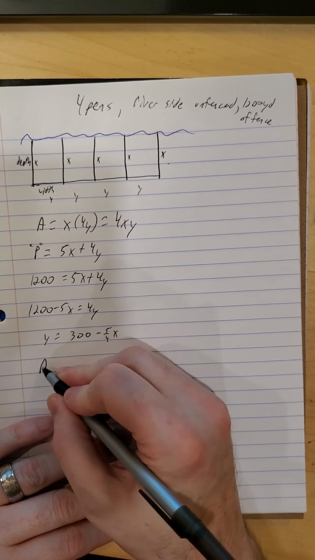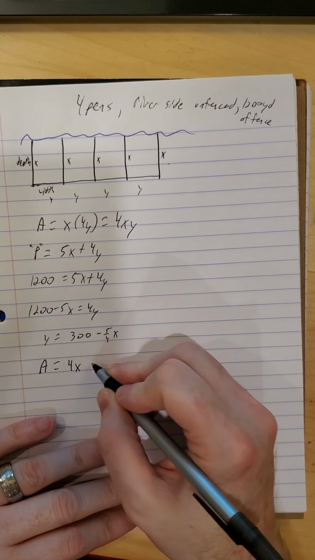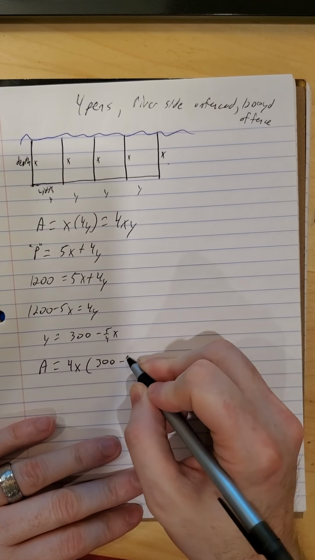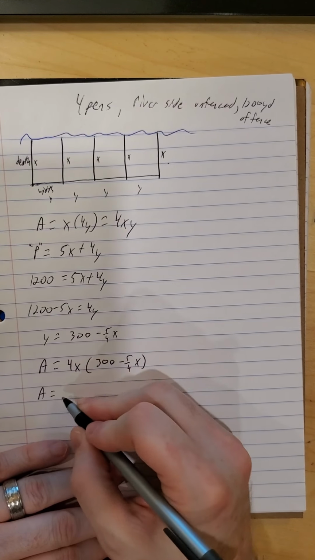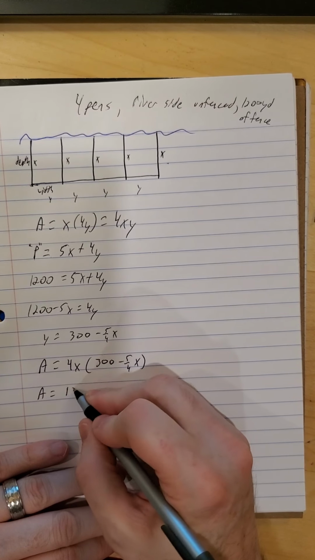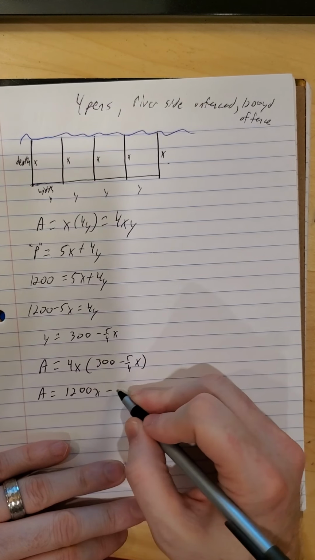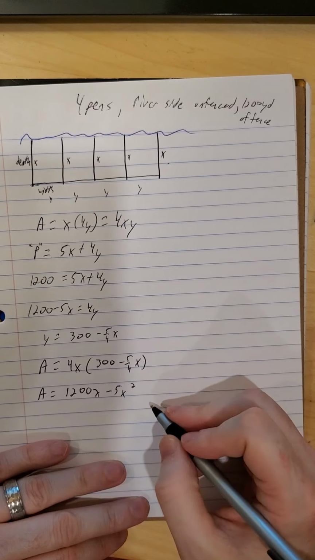So then our area becomes 4 times x times 300 minus 5/4 of x. So our area then, 1,200x minus 5x squared.